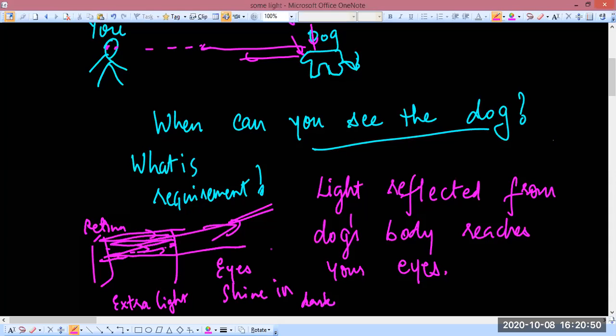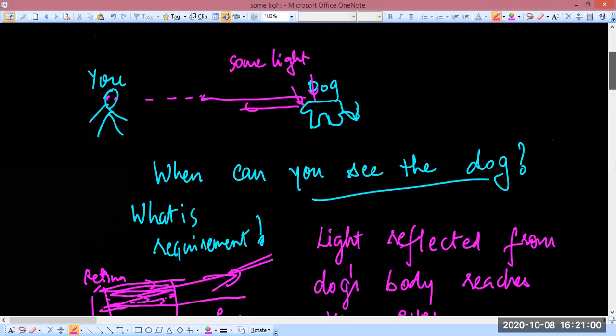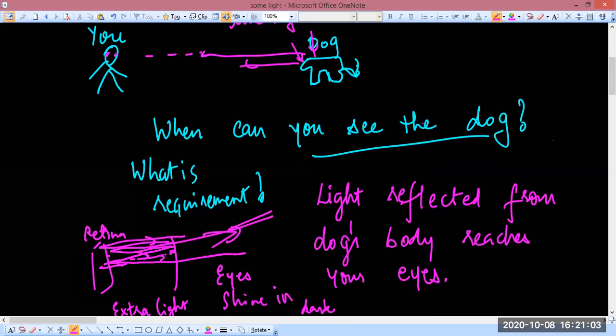So that's why they can capture the light better on their retina. Multiple reflections happen, so they can see better. Okay, fine. Anyway, nobody will ask when can you see the dog, but this basic thing you should know. So now let's go to the next thing.